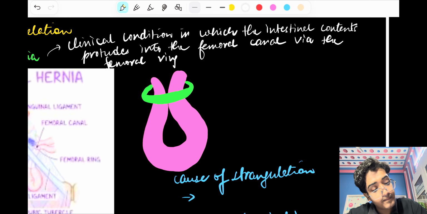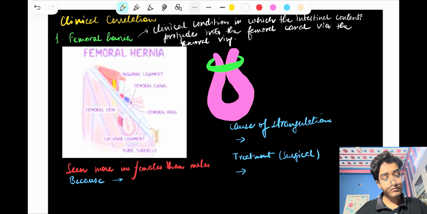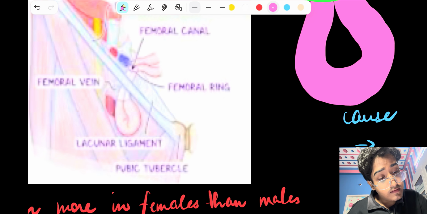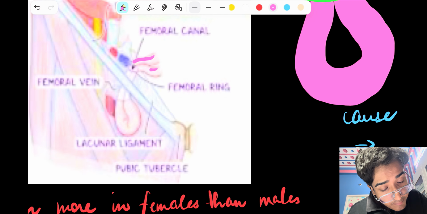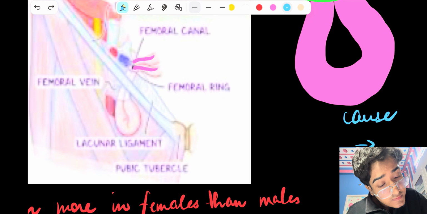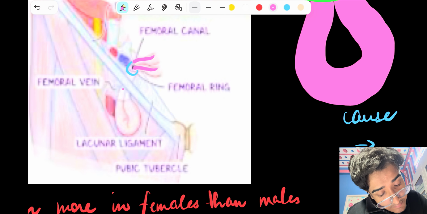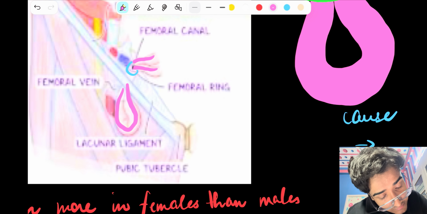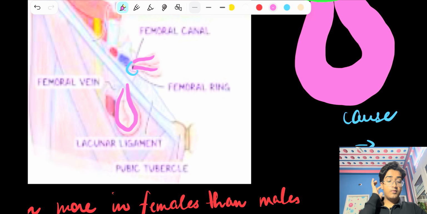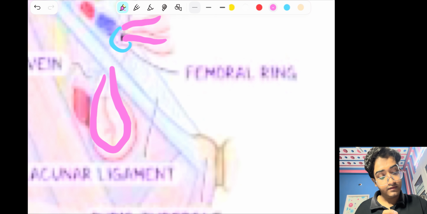Okay, see, these are the intestinal contents, and this is the femoral canal. These intestinal components get protruded through the femoral canal.